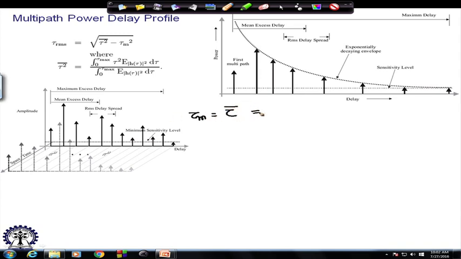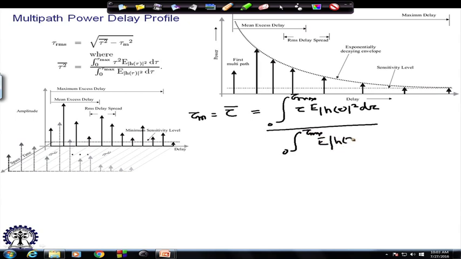Tau bar would be the integration from 0 to tau max of tau times the magnitude of h tau squared d tau, divided by the normalizing factor, the integration from 0 to tau max of the magnitude of h tau squared d tau. If you look at the expression, tau is the excess delay.